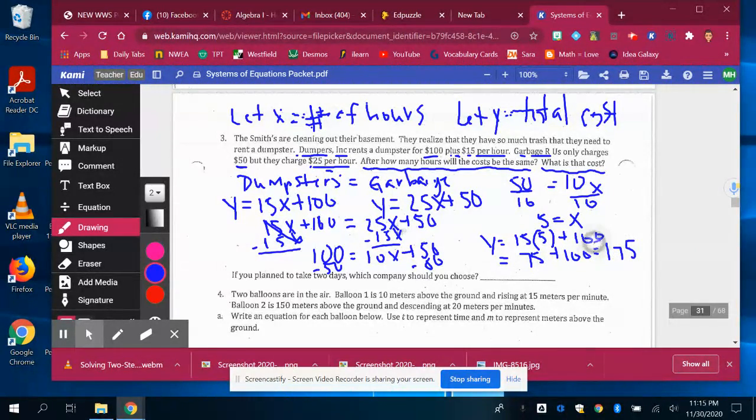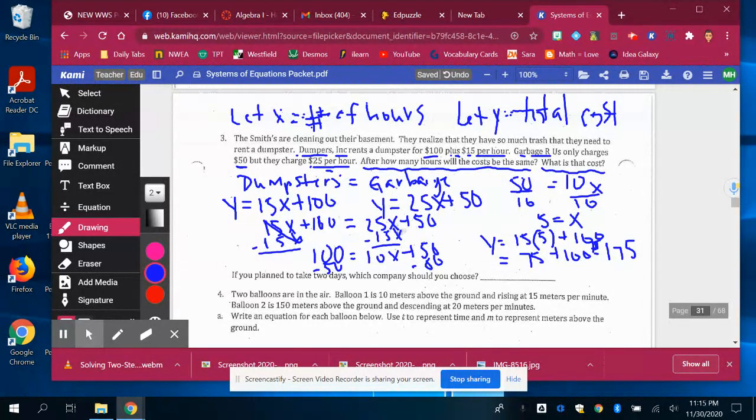And I get $175. So I could write my sentence, after 5 hours, the two companies will cost $175. I just don't have enough room right now. So again, after 5 hours, the two companies will cost $175.